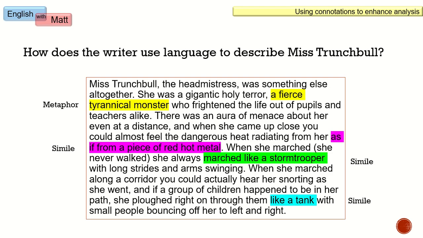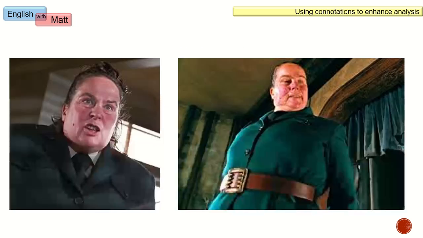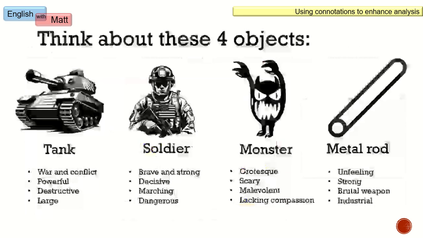So you can broaden out these quotes and think about other words which are included in that particular piece of evidence. The reason, to cut a long story short, why the writer has used these objects, these nouns, to describe Miss Trunchbull is because of the connotations we discussed earlier. This is what the writer wanted us to think about this character.